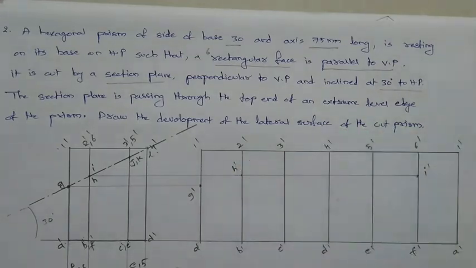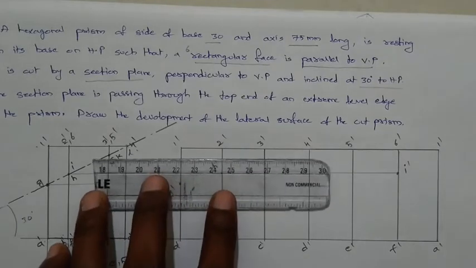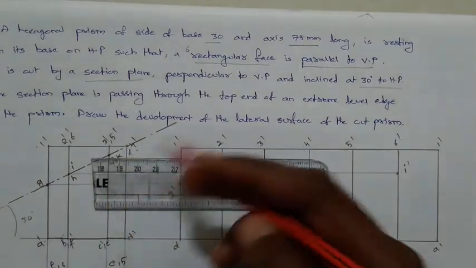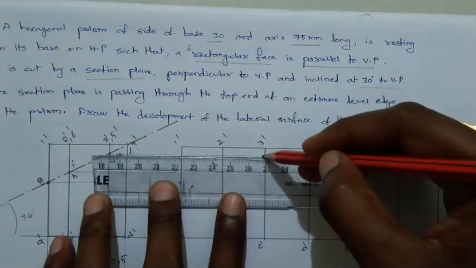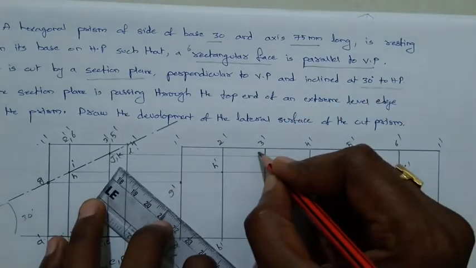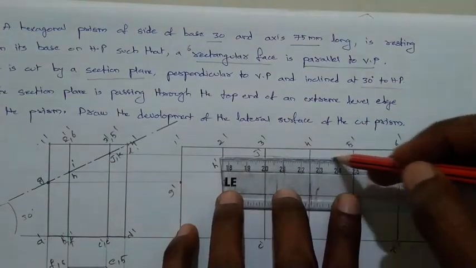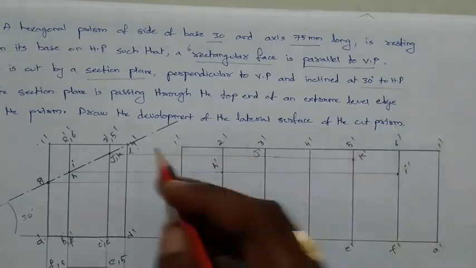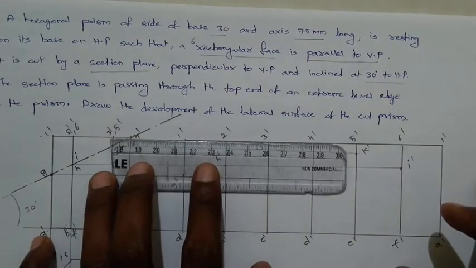And next one you can take J, K. So J is lying on C3 and K is lying on E5. This is the point for J, and this is the point for K, and the last one, L is lying on D4.